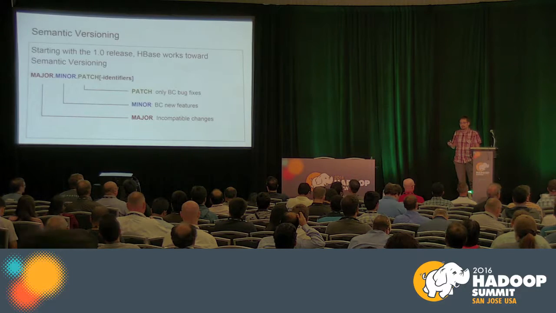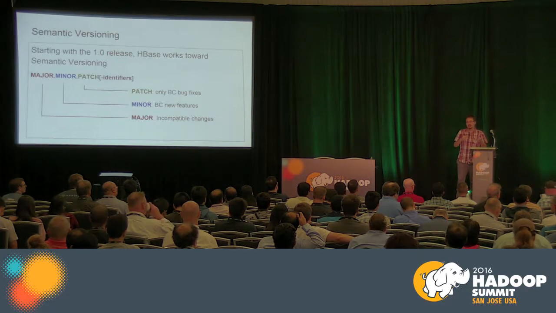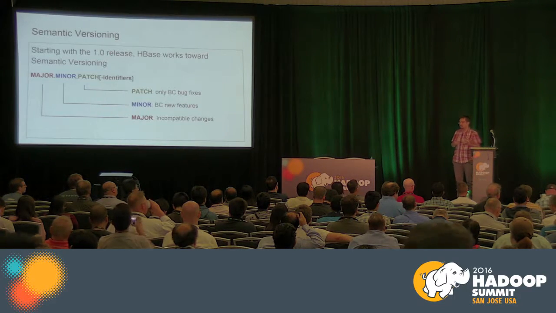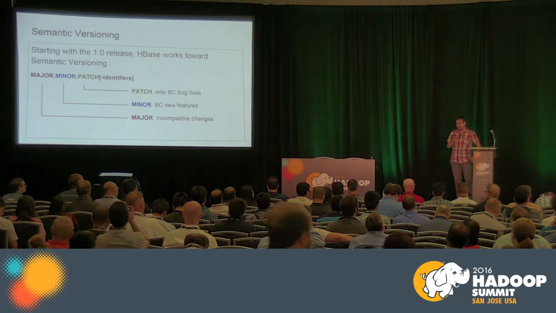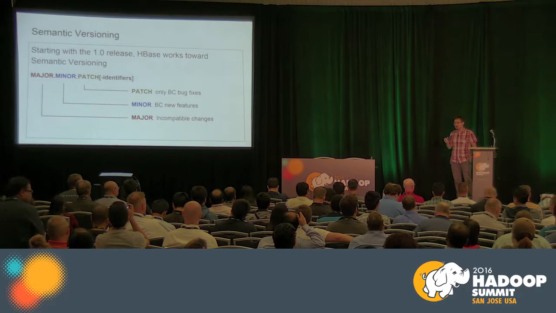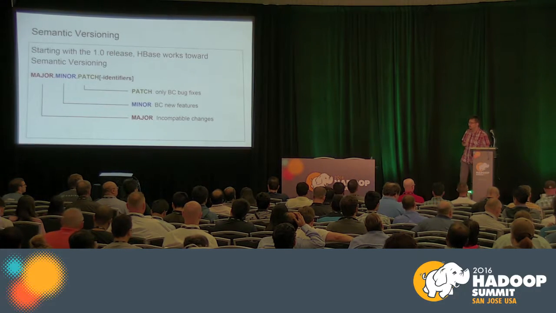After we achieved that, we want to basically give the users a basic expectation of what to expect if they are upgrading from a specific release to another specific release. So semantic versioning is a very, very straightforward proposal.